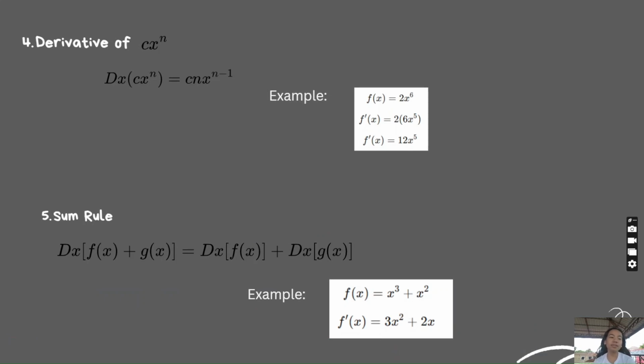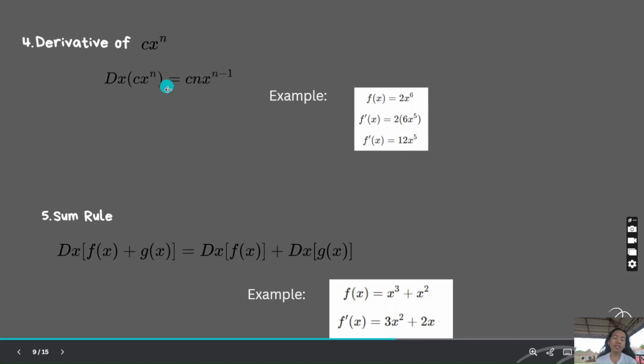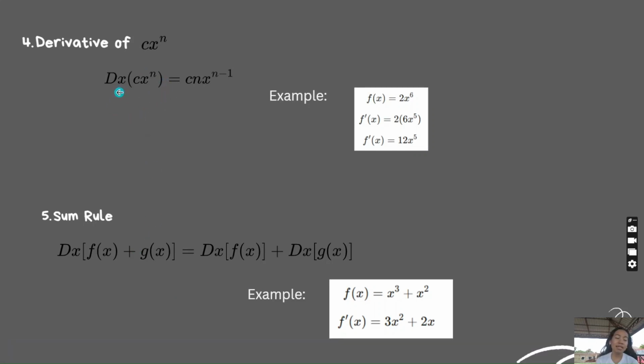Moving on, we are now with the formula of getting the derivative of c times x to the n. The formula states that the derivative of c times x to the n is equal to c n times x to the n minus 1. Example here, given the algebraic expression 2x to the 6, it will be simply applying the formula here, which is c as the constant.